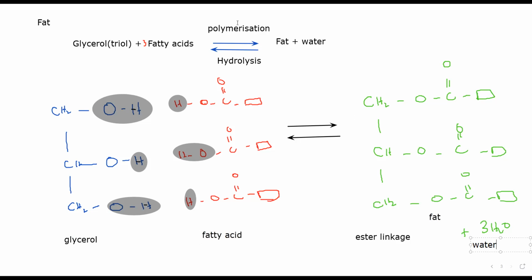And the linkage which is there, the bond which is there, is known as ester linkage, which we find in ester, C double bonded with O and O. One more thing which you have to learn, that if you have glycerol plus fatty acid, this will give fat plus water. This is called polymerization.